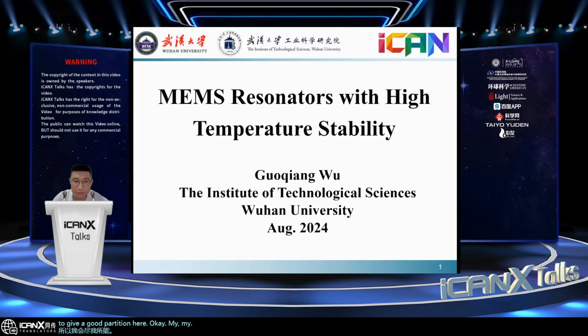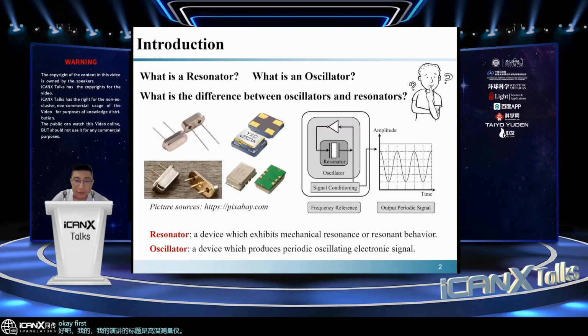The title of my talk is MEMS resonators with high temperature stability. Firstly, let us see what a resonator and what an oscillator is. In fact, a resonator is a device which has mechanical resonance or resonant behavior. So we can use its mechanical resonance behavior as a frequency selective element.